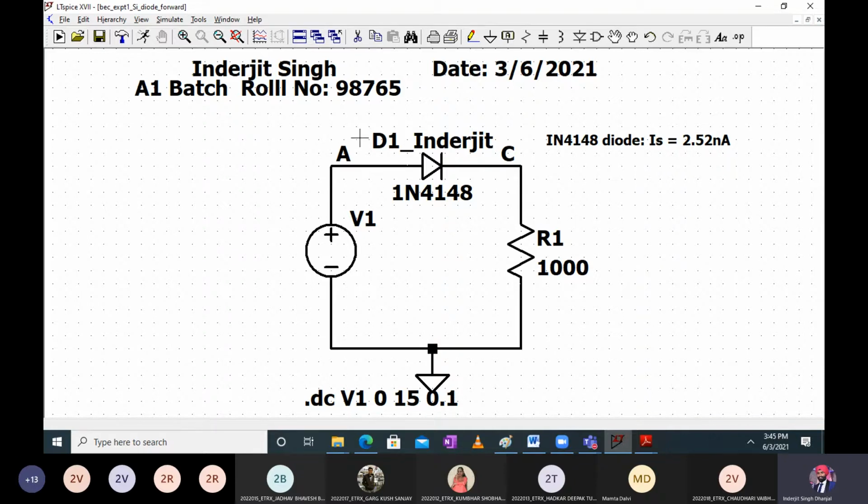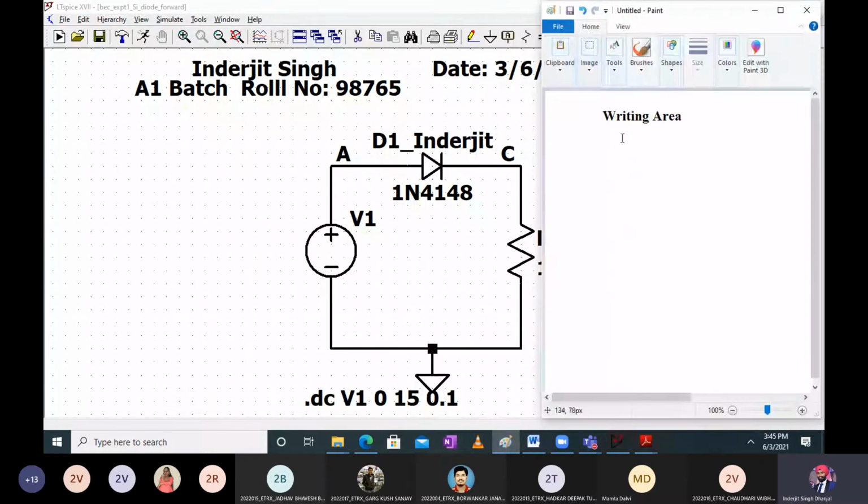Now, can anyone tell me what will be the diode voltage? 0.714. Yeah. Actually, it is the voltage difference between VA and VC.